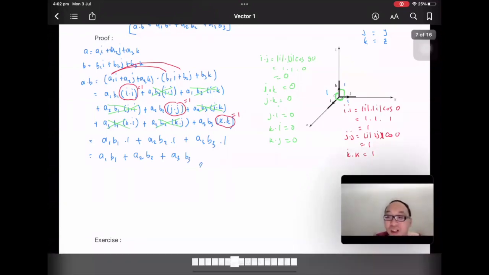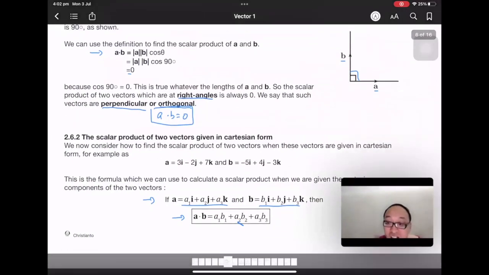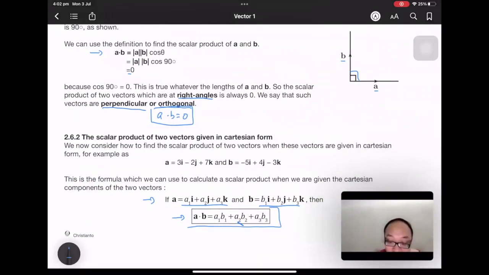So we have proven this expression. A dot B is the multiplication of the corresponding components.